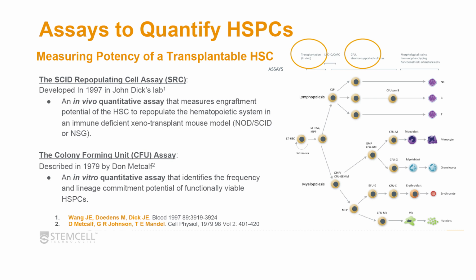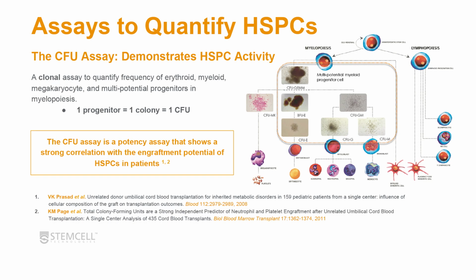And then this assay is actually a clonal assay, which means by definition that it is a quantitative assay that identifies the frequency and lineage commitment potential of functionally viable hematopoietic stem and progenitor cells. And I've just included some references here so that you can take a look at how long ago these were done and how impressive that is.